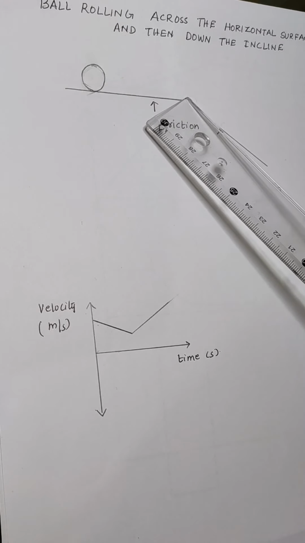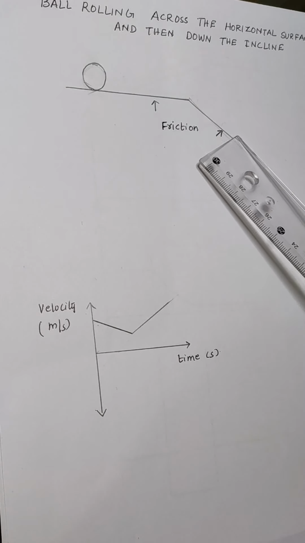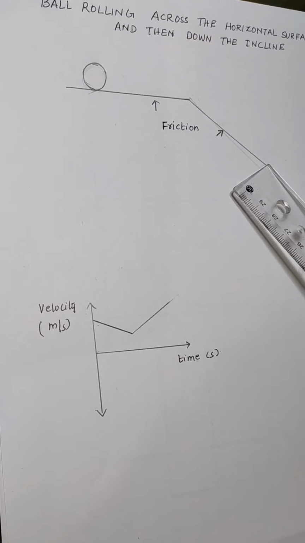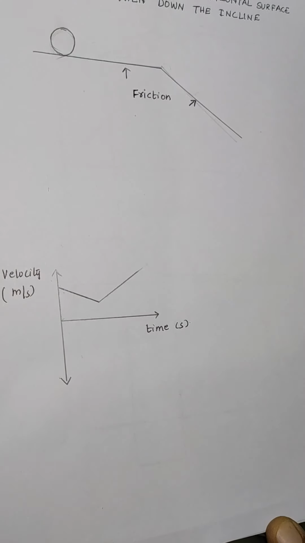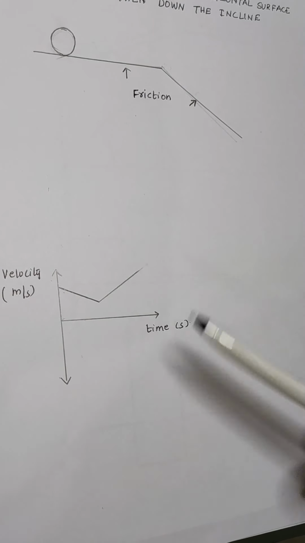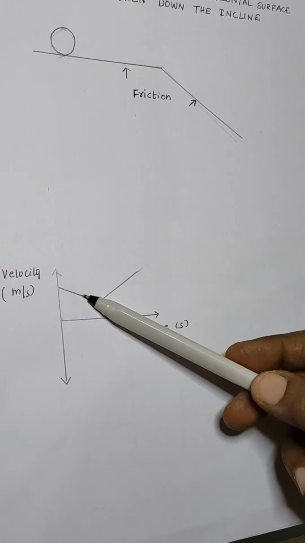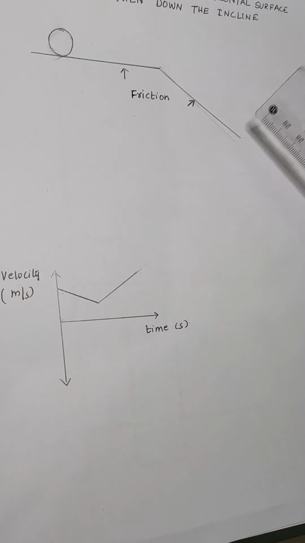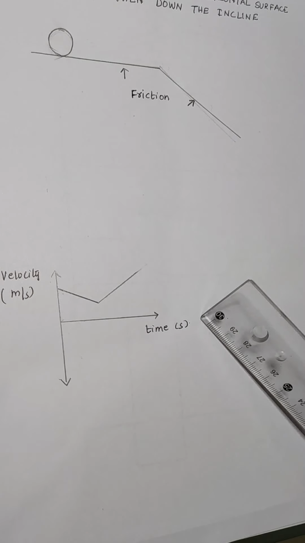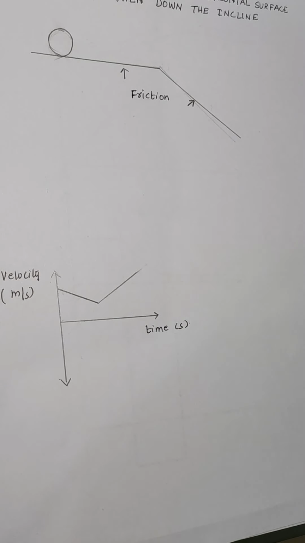So the ball is rolling on the horizontal surface and then it is moving down. The velocity time graph for this is decreasing because there is friction from the surface. And after that, when it is coming down, there is a sharp increase in the velocity. So the velocity time graph for this looks like this.